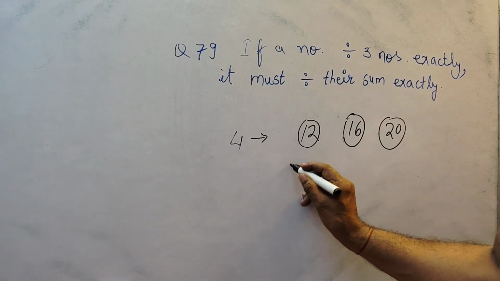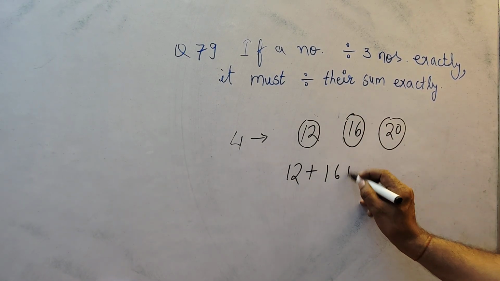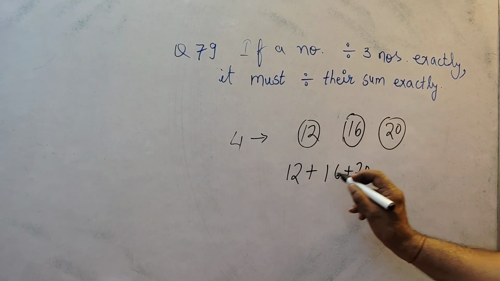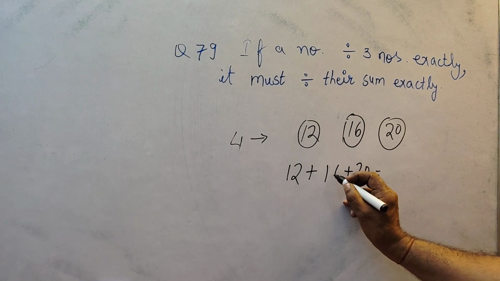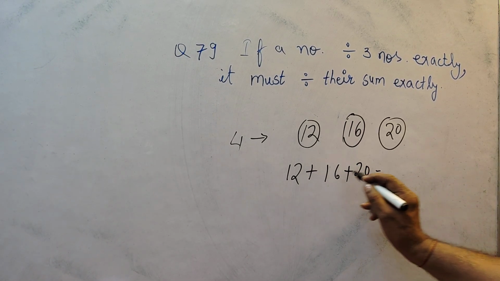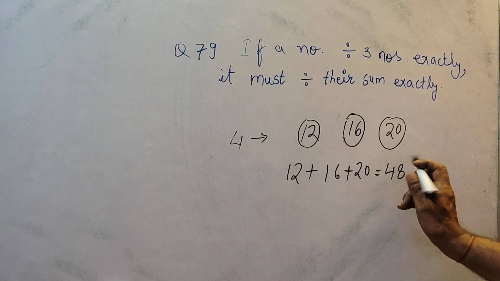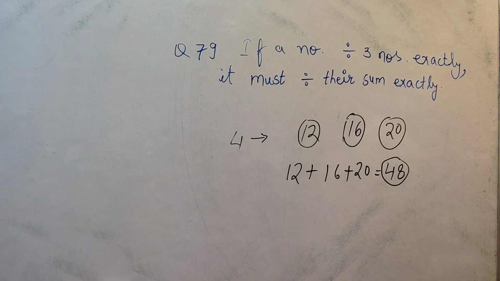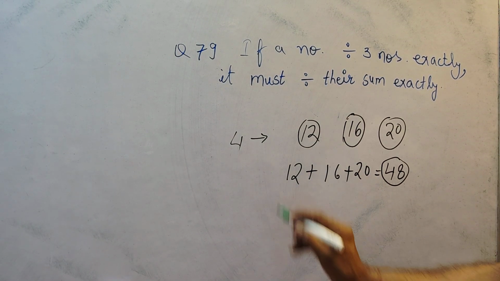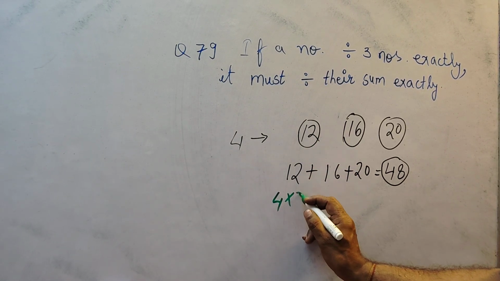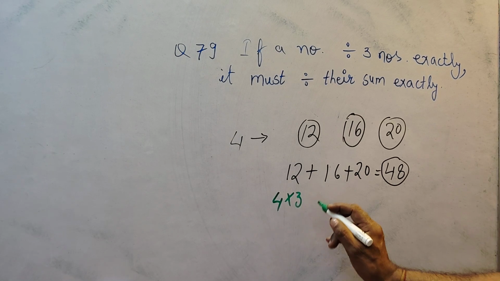What is their sum? 12 plus 16 plus 20 is 48. Is this sum also divisible by 4 or not? Yes, it is, because 12 is a multiple of 4.